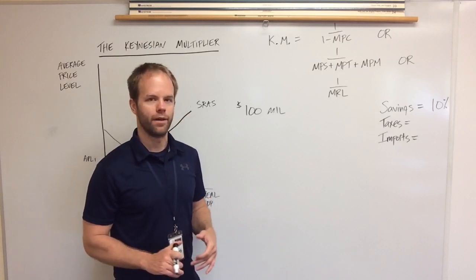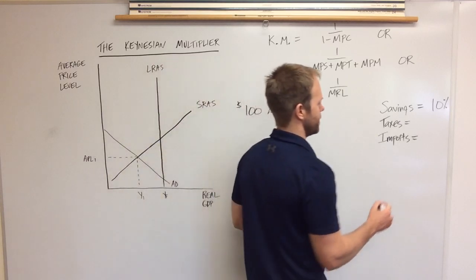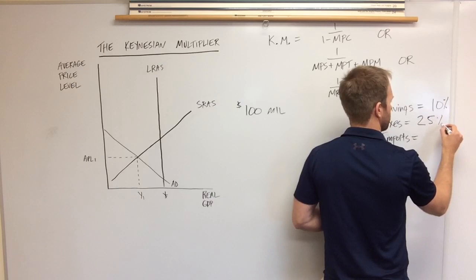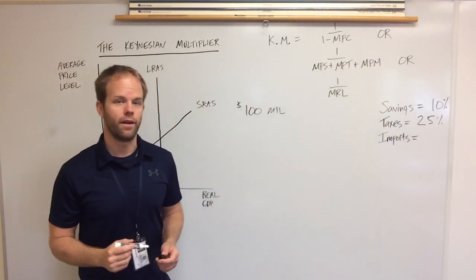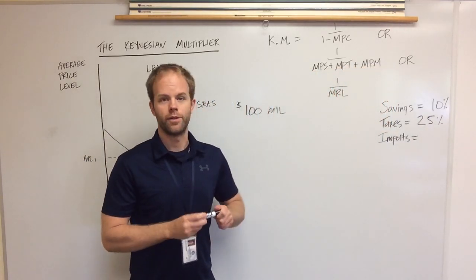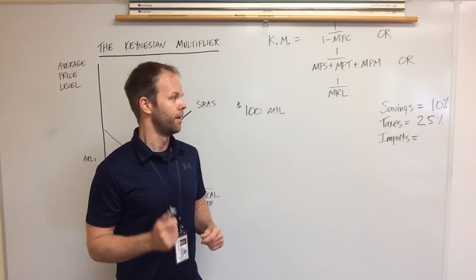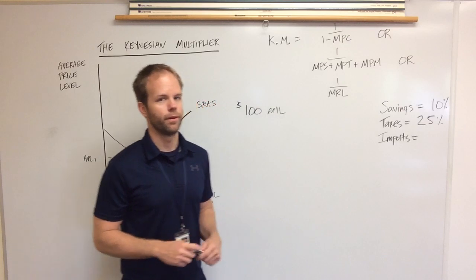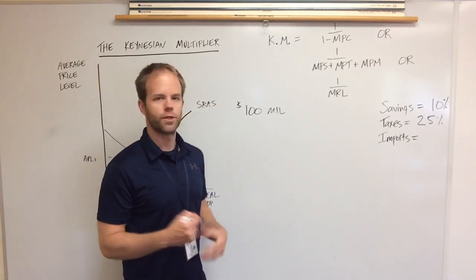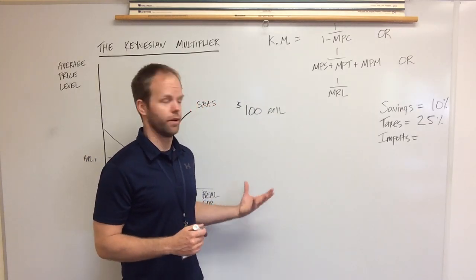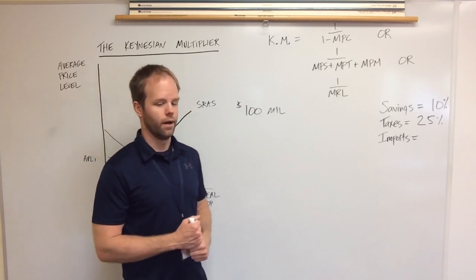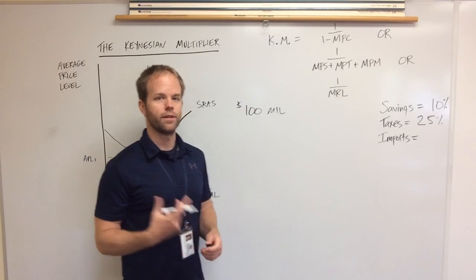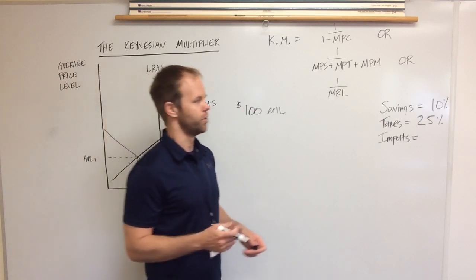So the next thing is a 25% tax rate. Of all of the economic activity that happens in a country, we're going to say that 25% of that gets taxed by the government. That's also probably pretty low. Most countries around the world have an average tax rate that's higher than 25%. And then finally, imports. Let's say 15% of all of the spending that happens goes towards imports.